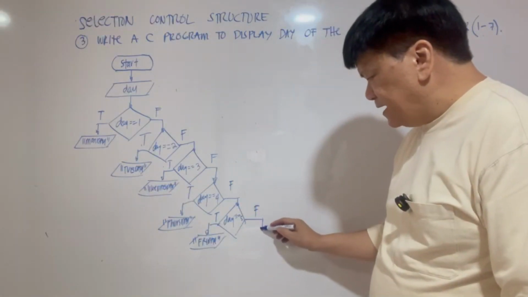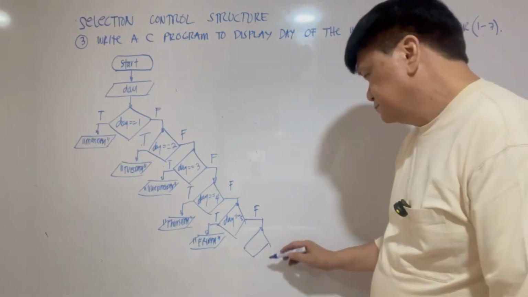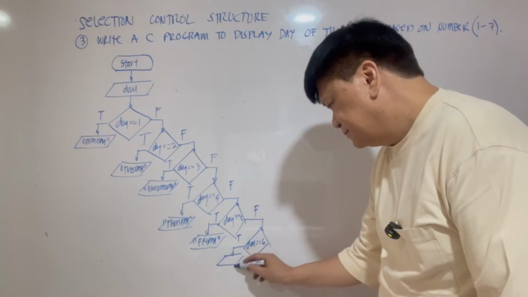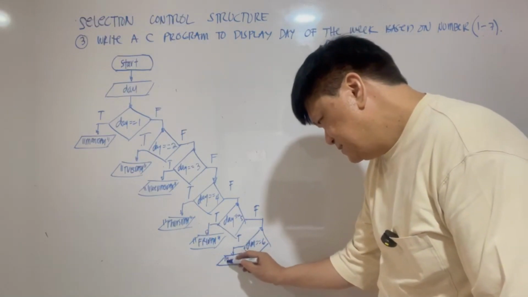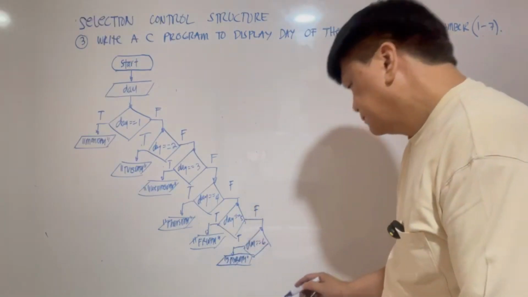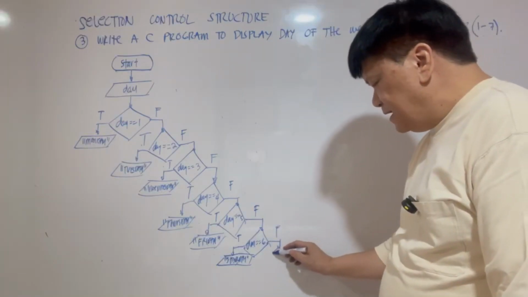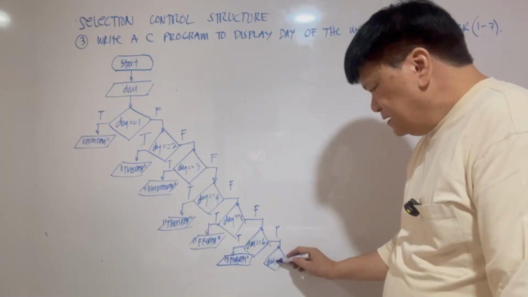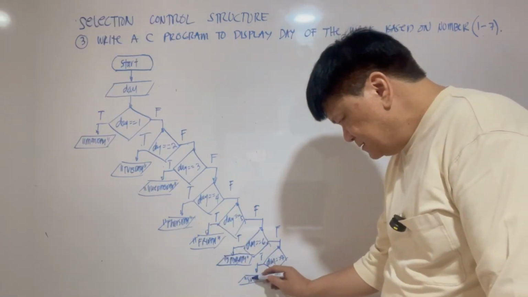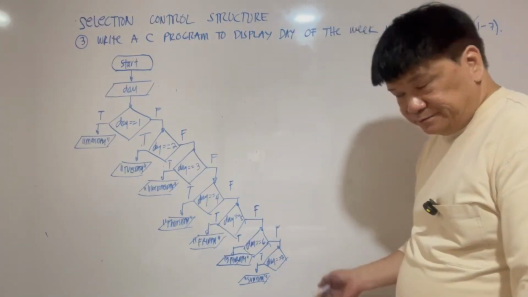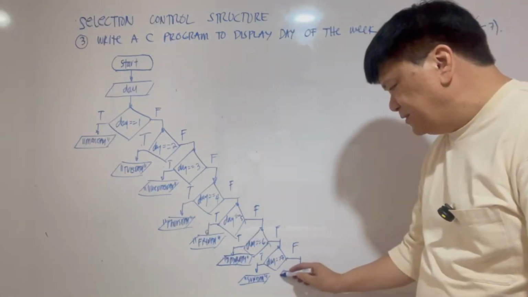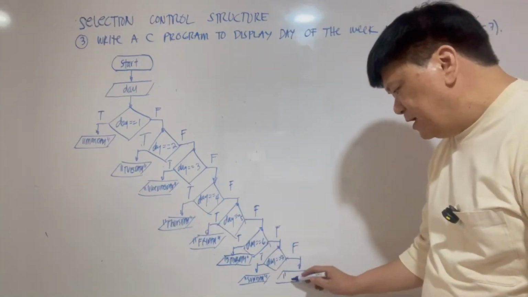If it is false, another test: day is equal to 6. If it is true, let's output Saturday. If it is false, test again, is the day equal to 7? If that is equal to 7, then you output Sunday. If it is false, we can just simply say the input number is invalid.